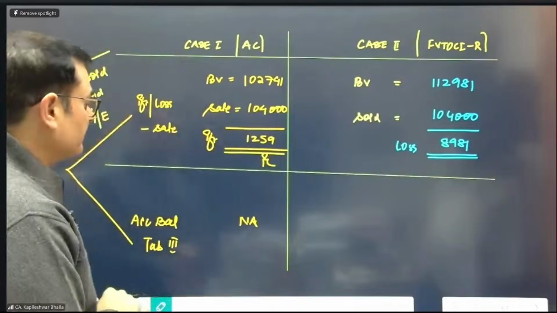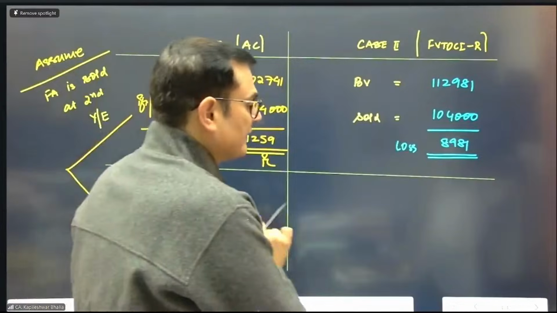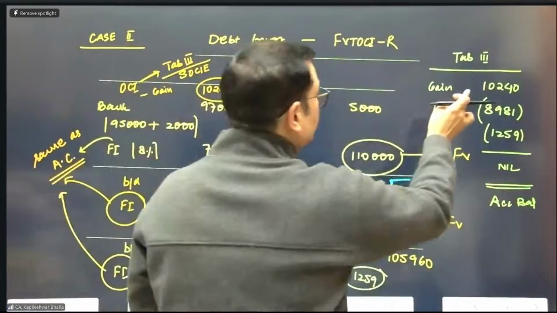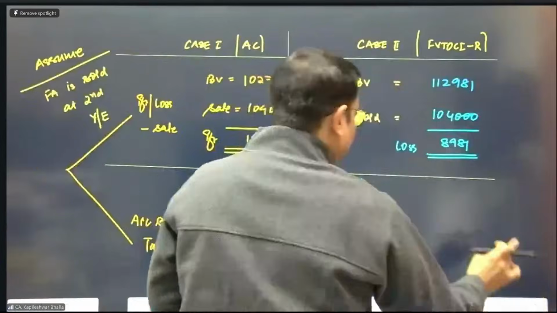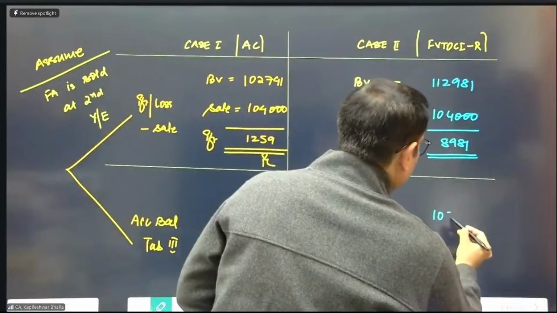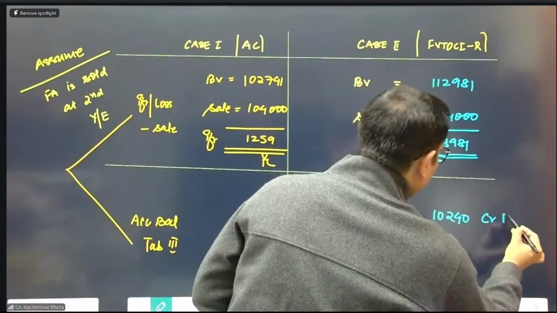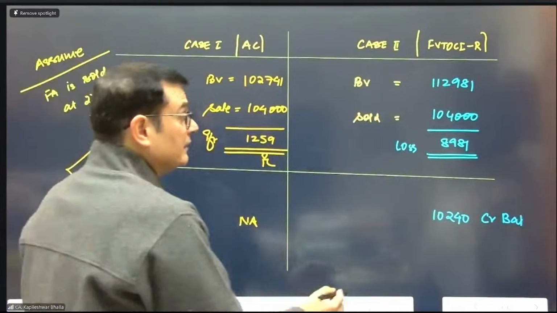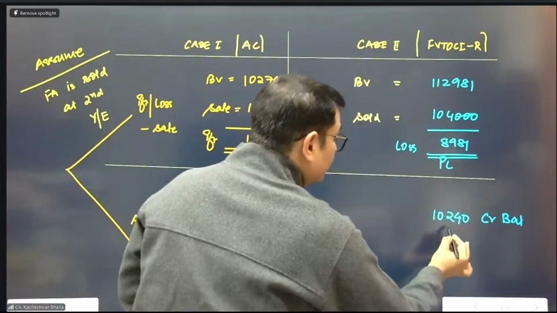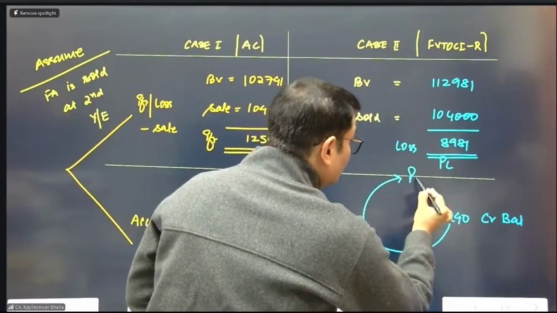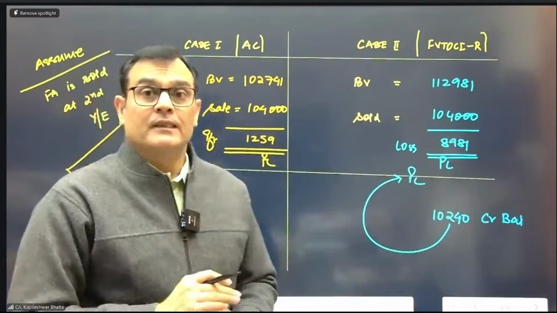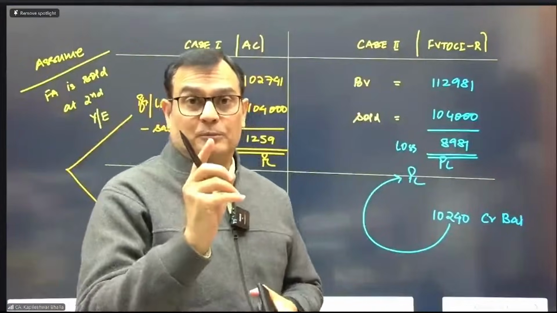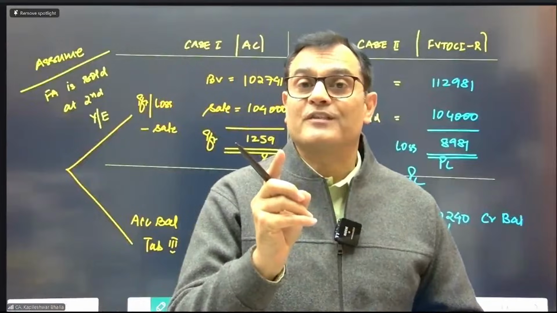But then there is another input as well, the accumulated balance in tab number 3, which is supposed to be 10,240 credit. This accumulated balance will also be transferred to the P&L in the year of sale.